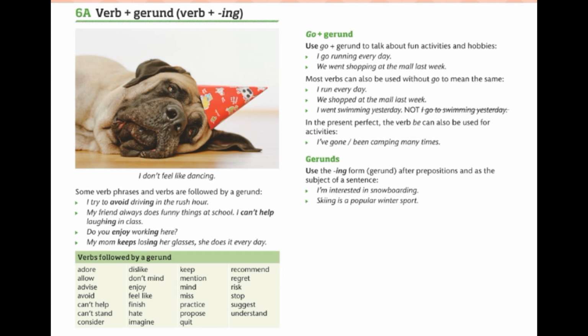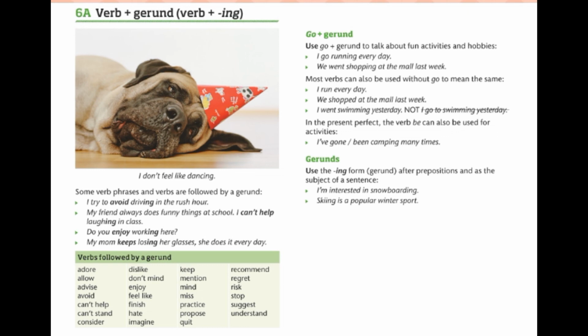Not, I go to swimming yesterday. No, go swimming. In the present perfect, the verb be can also be used for activities. Example, I've gone camping or I've been camping many times.